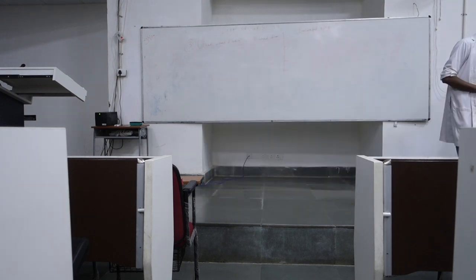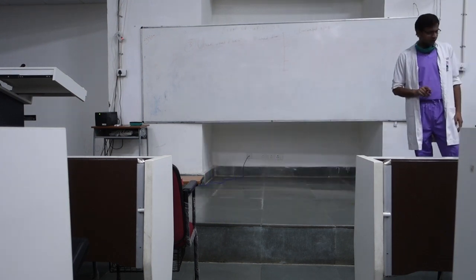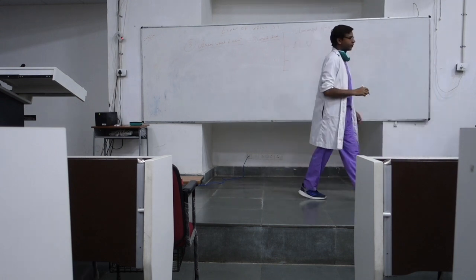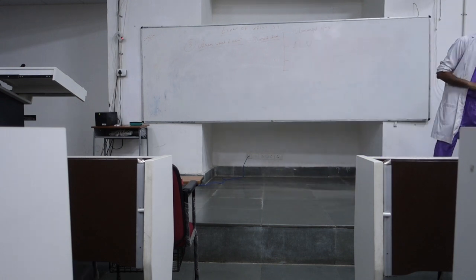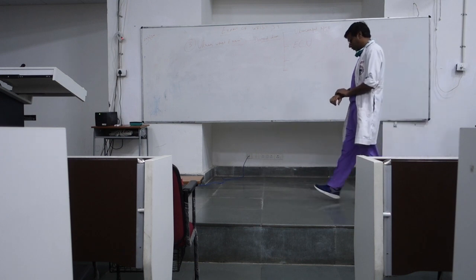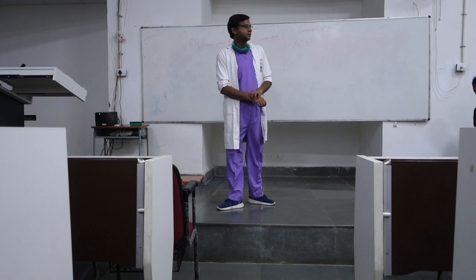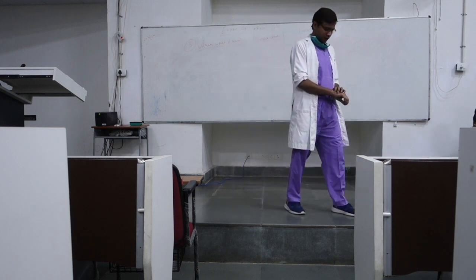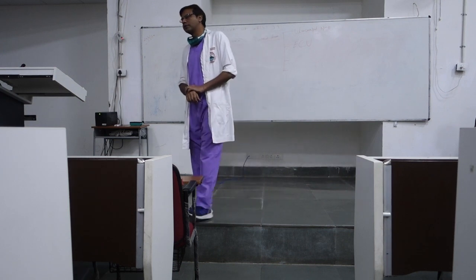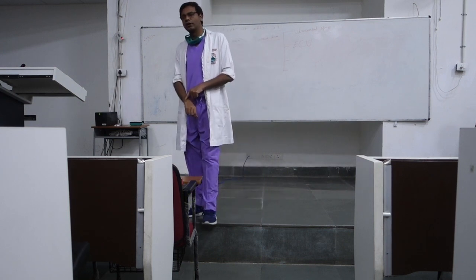Now the next structure you have to examine on this side is the ECU, the extensor carpi ulnaris. It is a very prominent tendon. You can feel it here, just distal to the ulnar head.